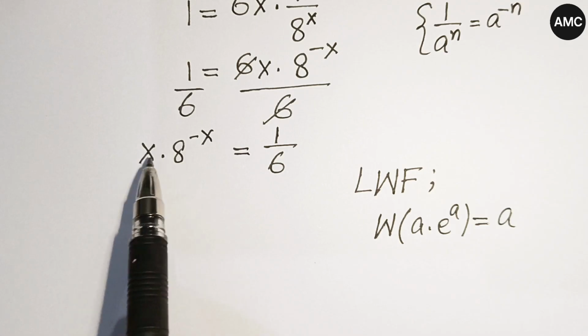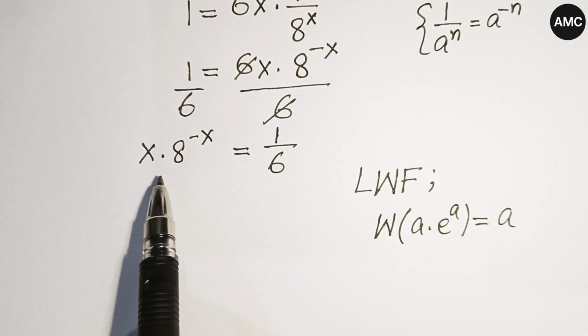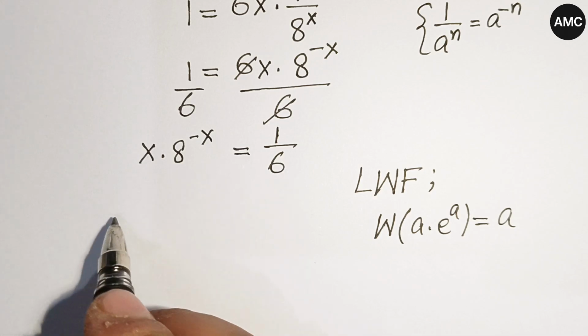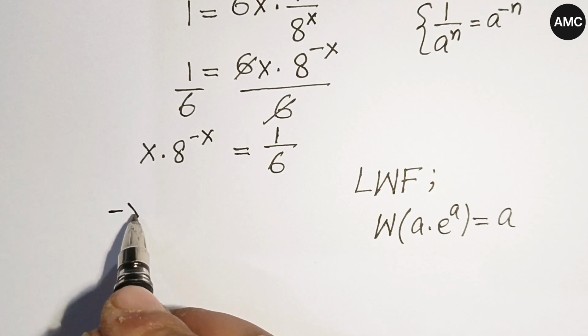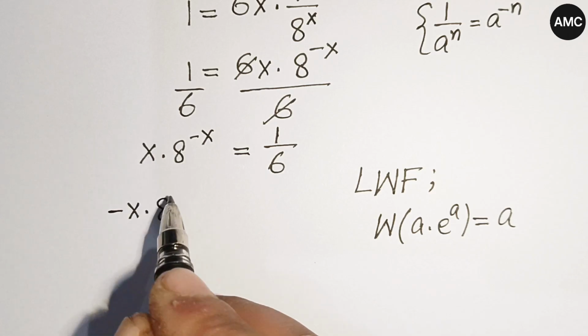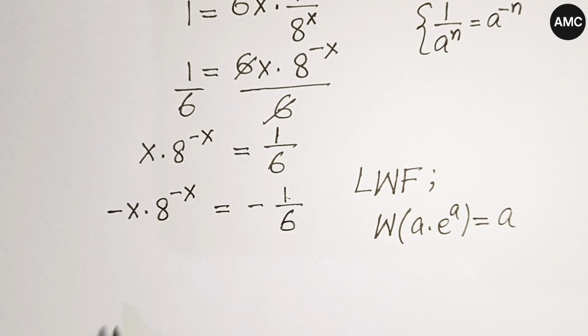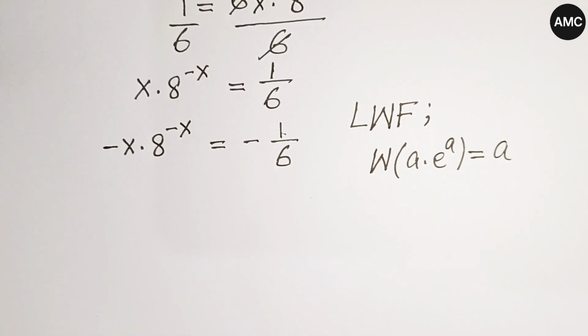Here we have positive x and it is negative x. So first of all we have to multiply by minus 1 on both hand sides, on our left hand side and similarly on our right hand side.